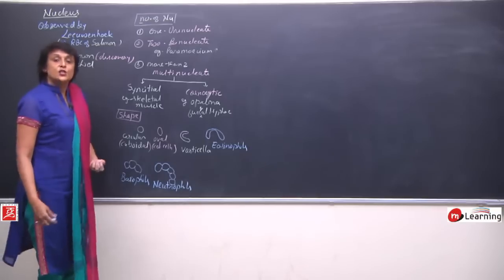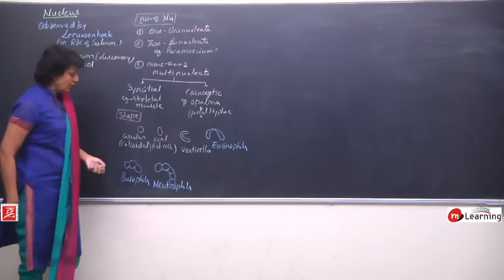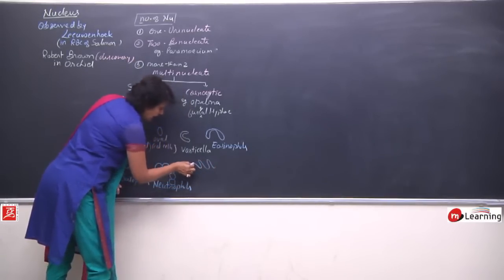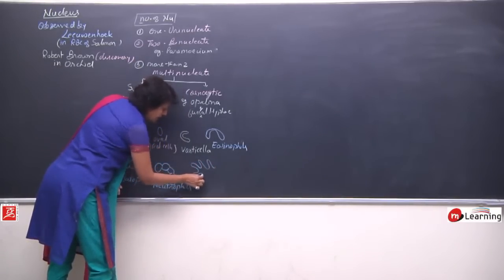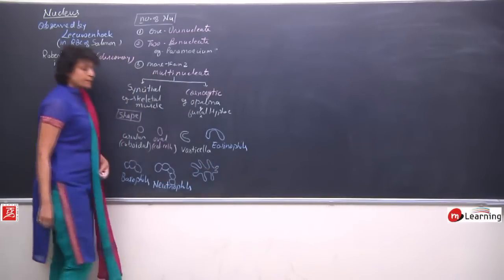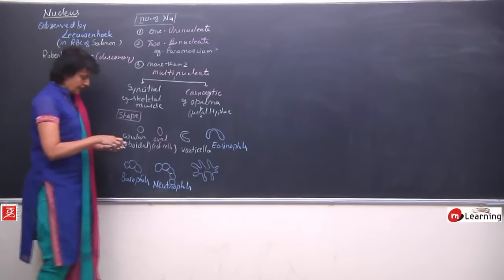And a branched or reticulate nucleus, that means the shape is not fixed, but it has multiple branchings. So it is known as branched or reticulate.